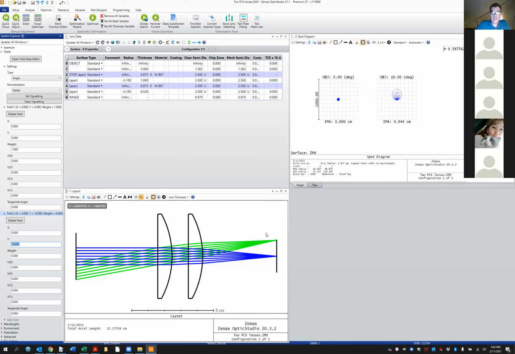Well, again, what's the relationship between focal length, angle, and object off-axis position? Y equals F effective times tangent of theta.